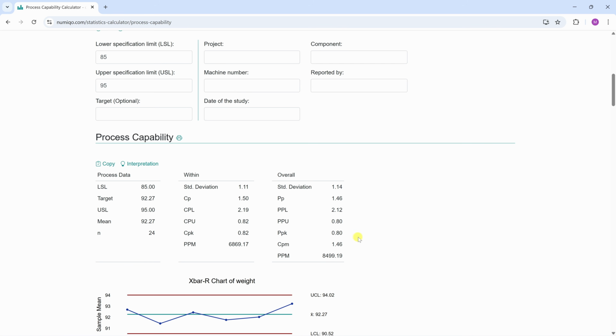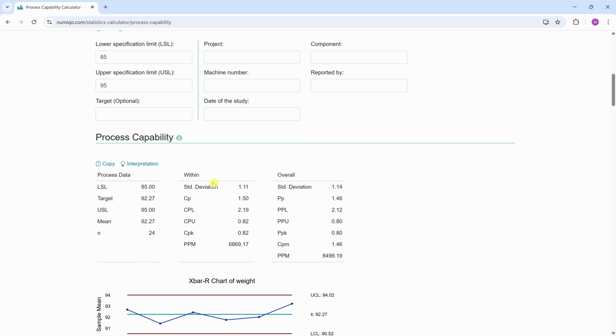A PPK of 0.8 indicates that the long-term capability is not good. ppm overall is the long-term estimated defect rate. ppm overall of 8,499.19 means that based on the total sigma and your current mean, you'd expect about 8,499.19 non-conforming parts per 1 million produced.